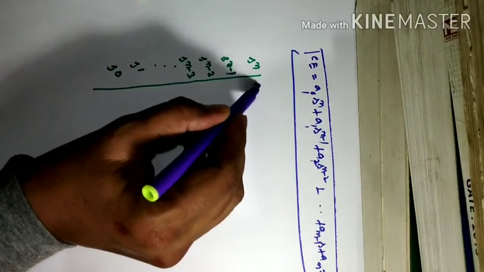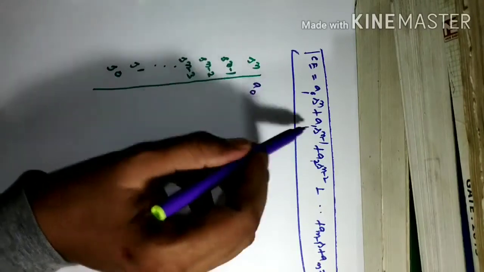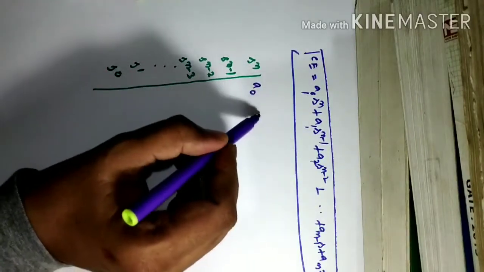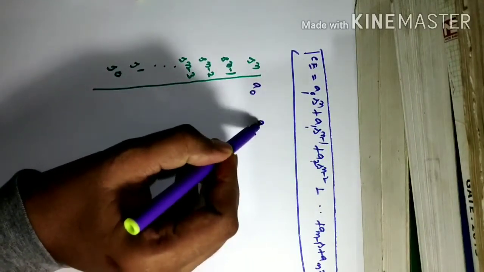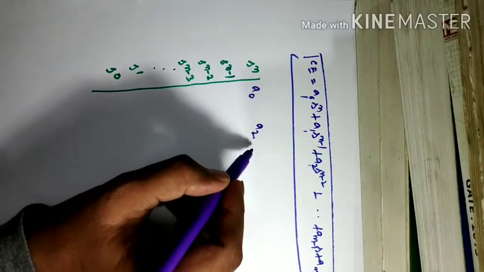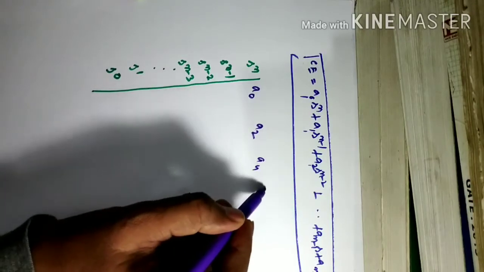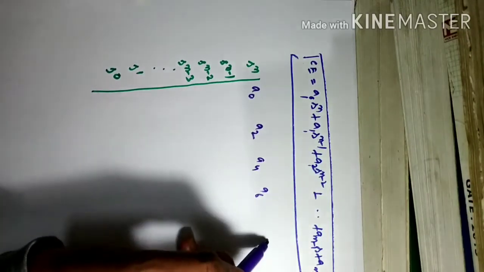So what is the S power n coefficient? A naught. After A naught comes A2, A4, A6 and A8, like this.